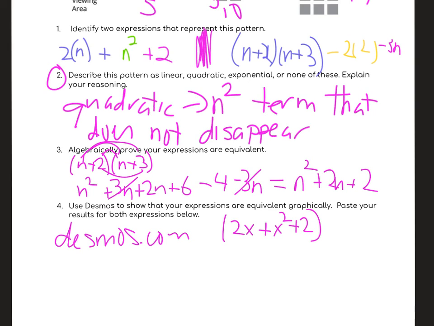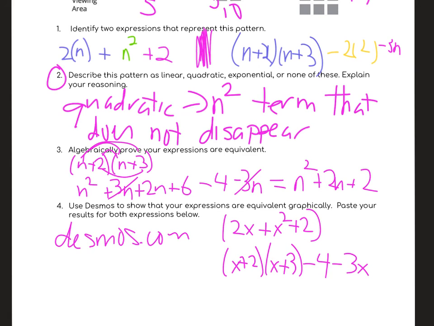Then you can erase that and put in the next equation: x plus 2 times x plus 3, minus 4, minus 3x. Screenshot the graph for that one to show that they are the same graphically.